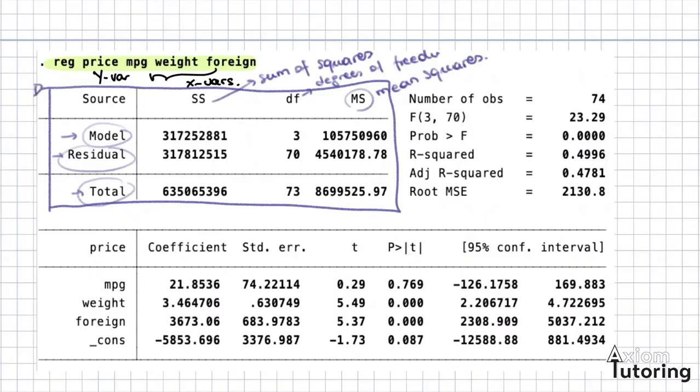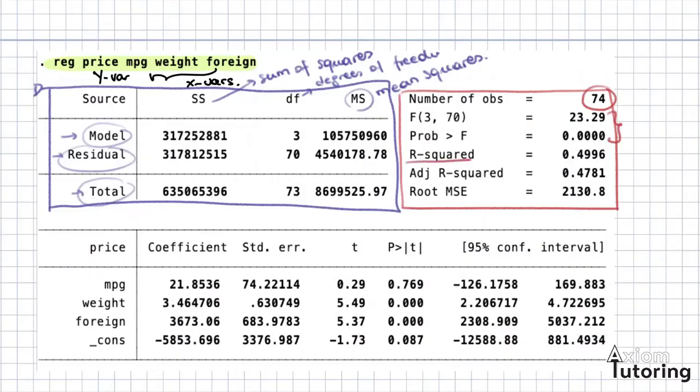Okay. Then moving to the right, we have another block of numbers in here. And some of these numbers are very self-explanatory. So for instance, we have the number of observations, that is 74. We have an F statistic with its corresponding p-value.